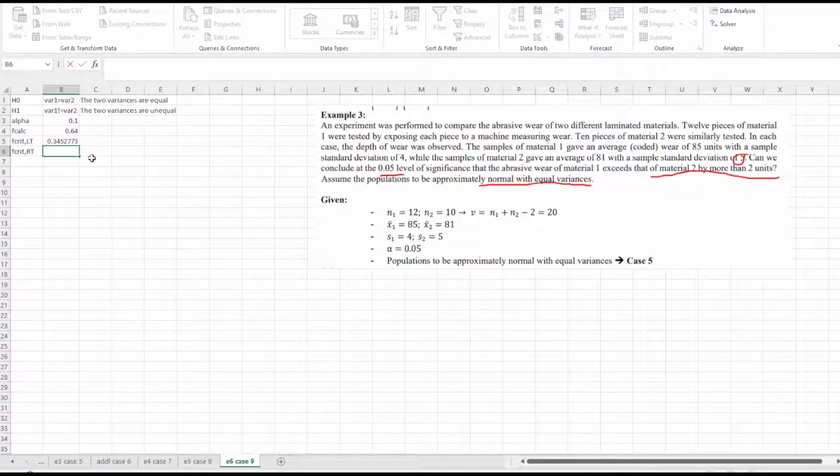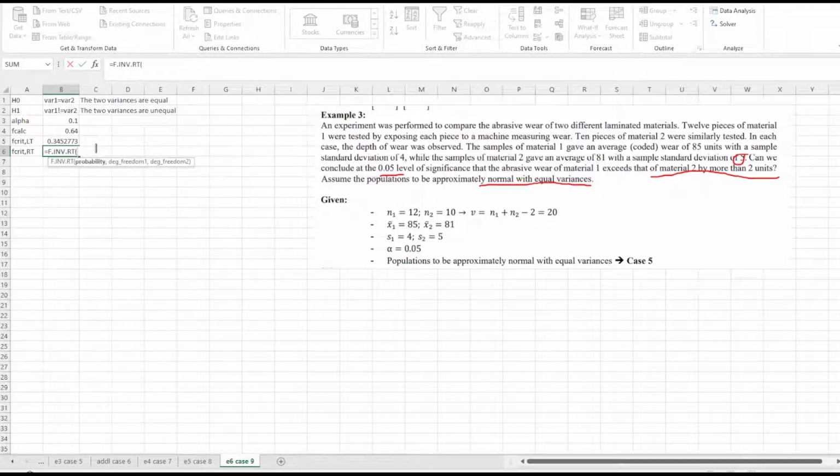Now, for the right tail, we use F.INV.RT, since this is the right tail. I always get it confused.